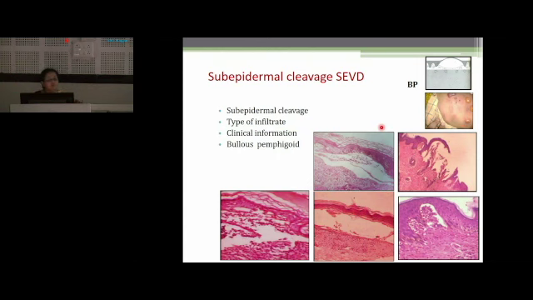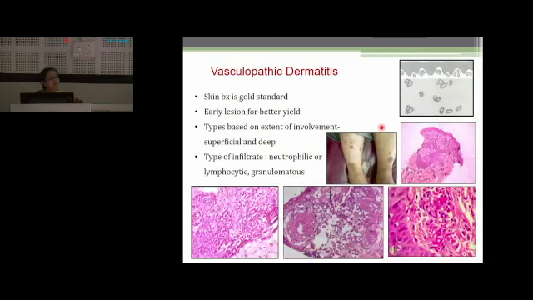Skin biopsy is the gold standard for the diagnosis of cutaneous vasculitis. The varied clinical appearances of cutaneous lesions in vasculitis arise from the extent of involvement and the type of vascular bed affected.